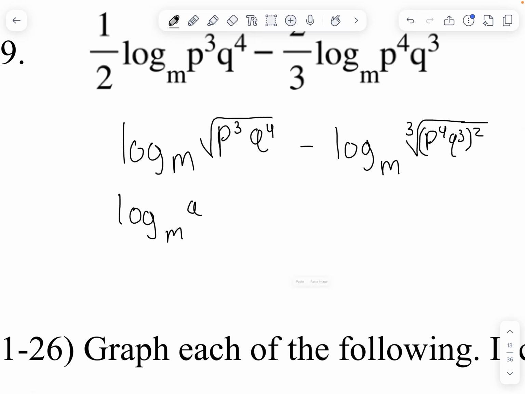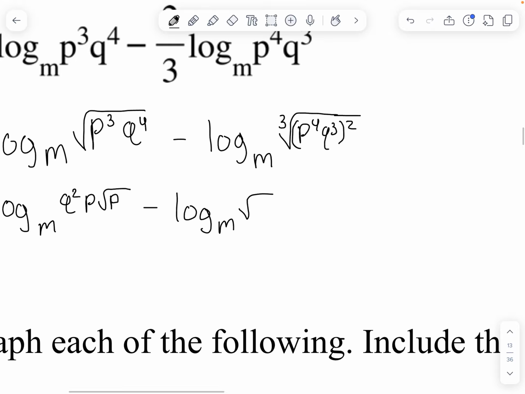So q squared times p, and then the square root of p, minus log base m of the cube root of p to the power of 8 and q to the power of 6.